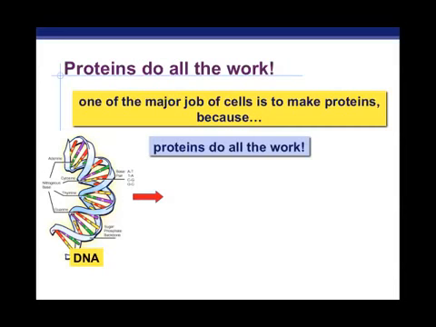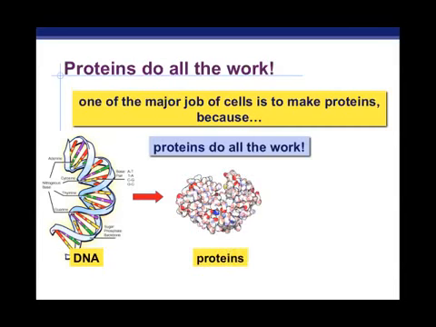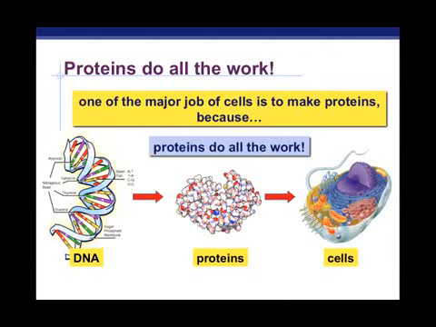The DNA is in the nucleus, and it is what tells the cell how to make the proteins, which are made up of amino acids. And the amino acids or proteins are the cell. All the organelles are proteins.